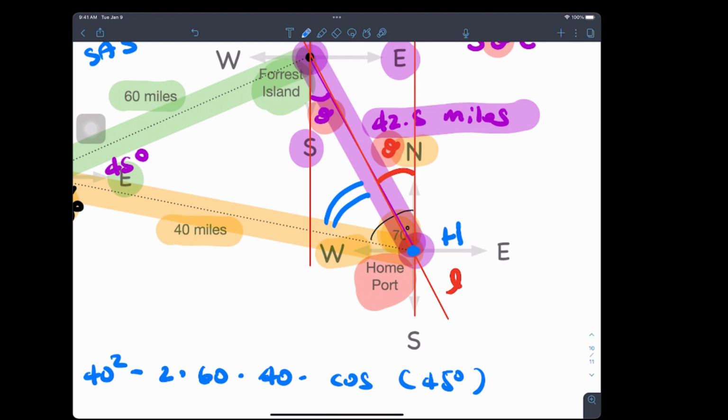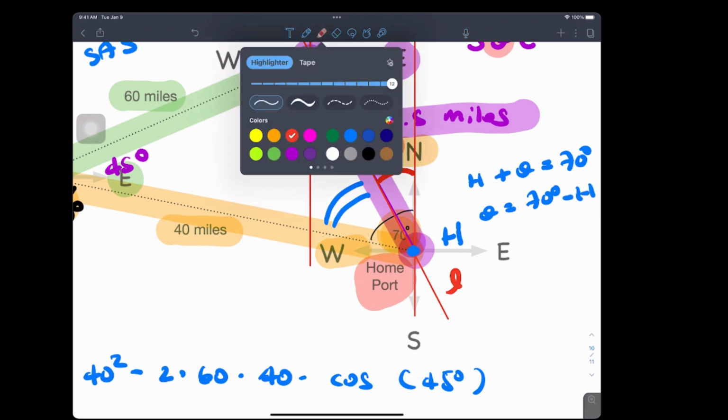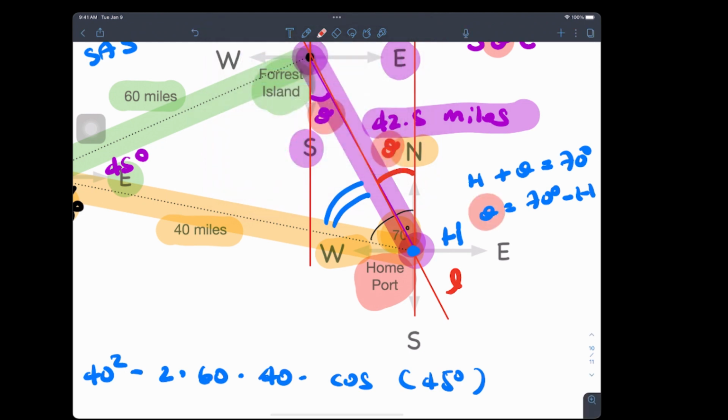Isn't it true that H plus theta is 70 degrees? So then theta has to be 70 degrees minus H. So if you can get angle H, and H is in blue, you're done.